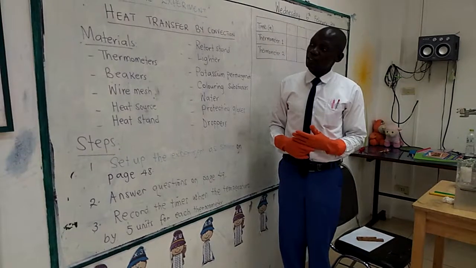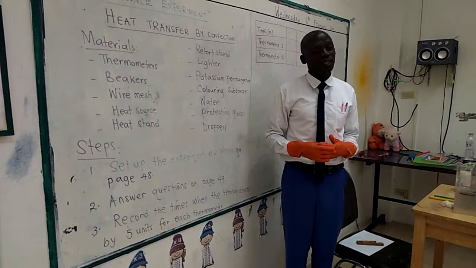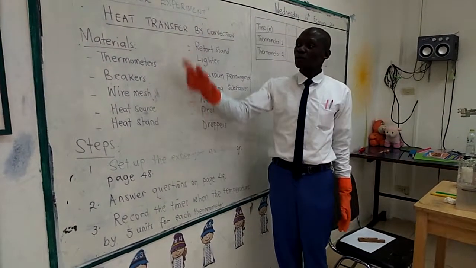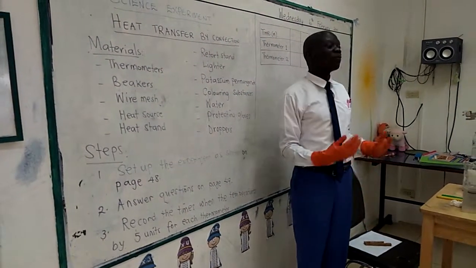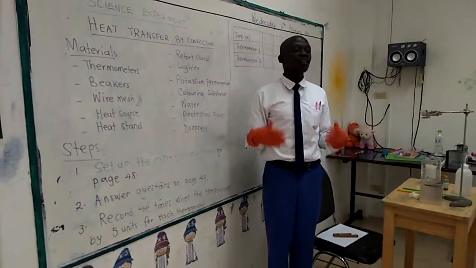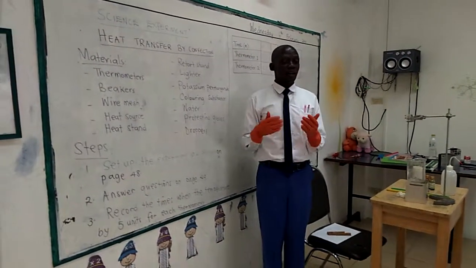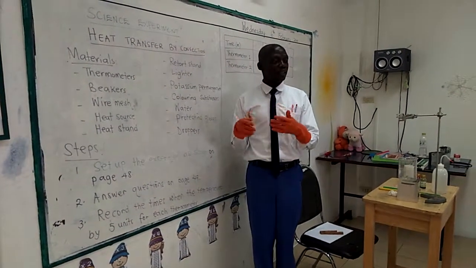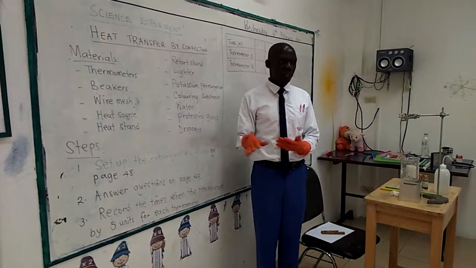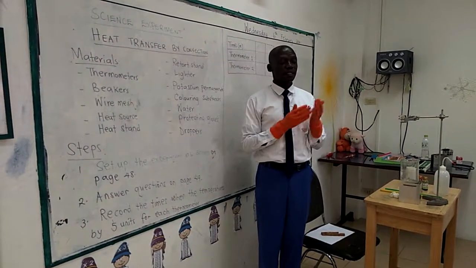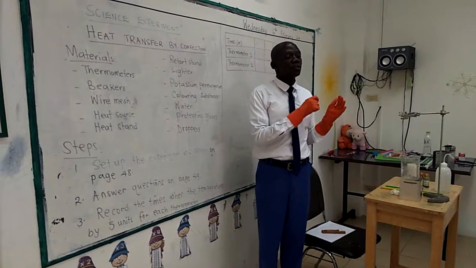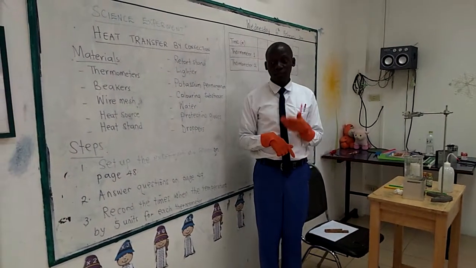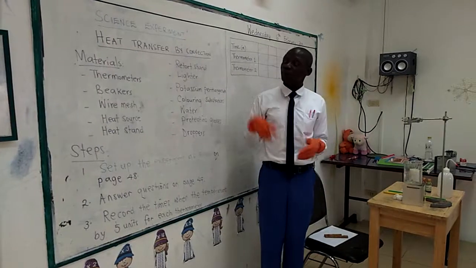We looked at heat transfer by conduction and we said that it majorly takes place in solids, for example metals, saucepan, flat iron. When you are cooking, heat will move from the source to the destination, and it will use a medium. So heat transfer by conduction is in solids.